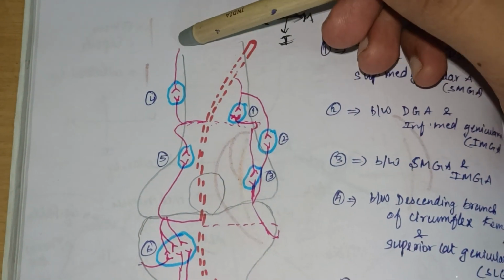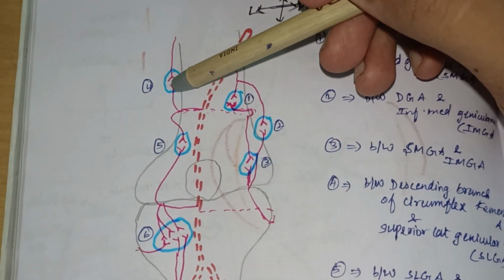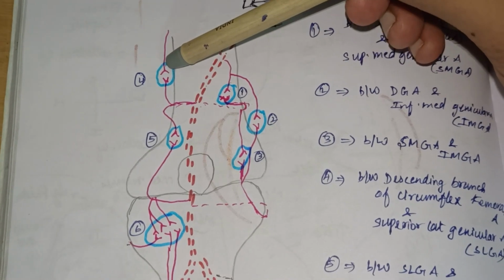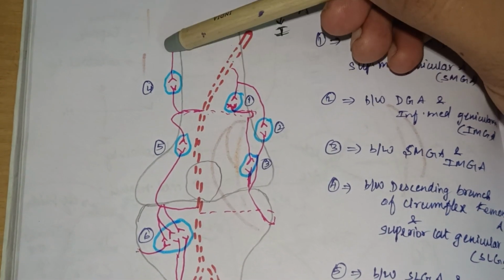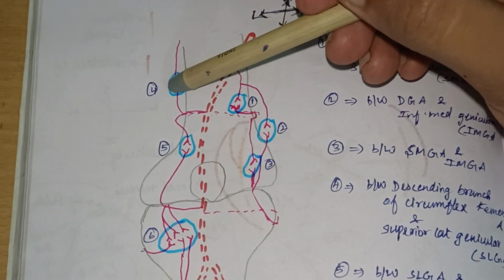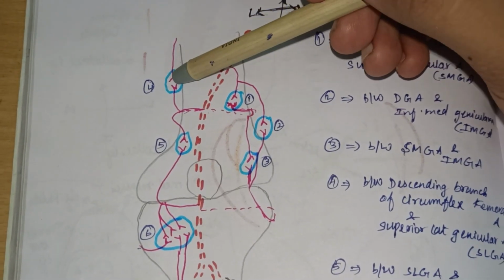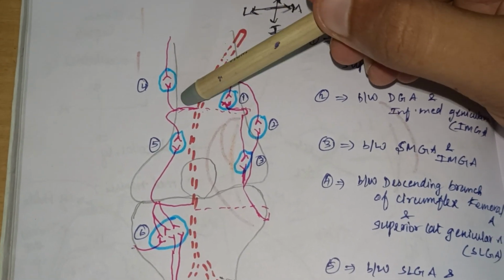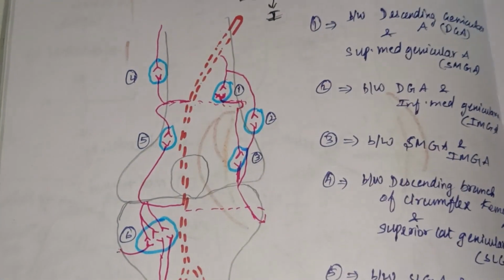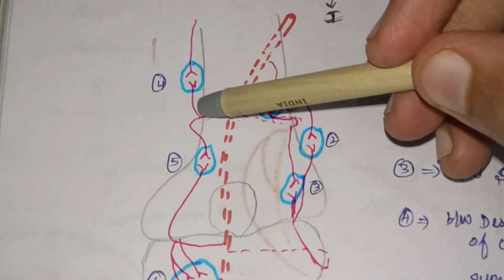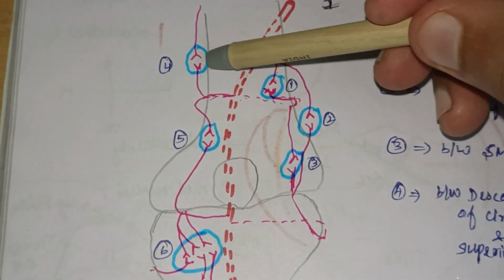In the lateral side, this artery coming here is nothing but the descending branch of circumflex femoral artery. It anastomoses with the lateral genicular arteries, that is the superior lateral genicular artery.